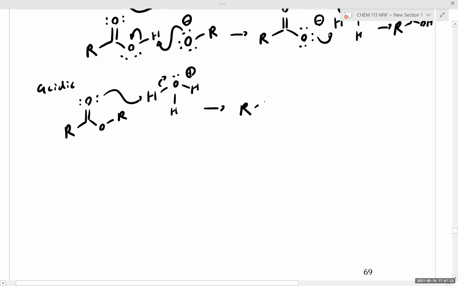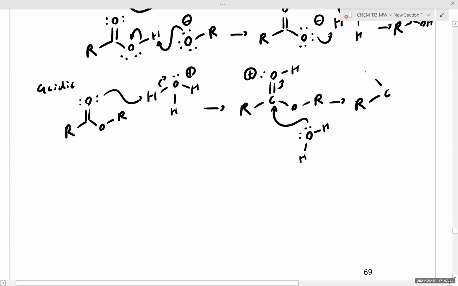This activates our carbonyl as an electrophile and allows even weak nucleophiles, such as water, to attack and hydrolyze our ester. So now our weak nucleophile, such as water, will attack the carbonyl carbon, and with this will generate a tetrahedral intermediate.